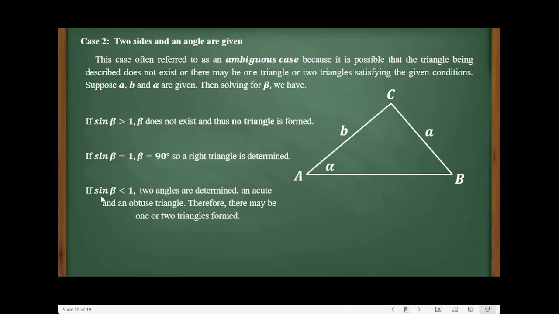Now, if sine beta is less than 1, two angles are determined, an acute and an obtuse angle. Therefore, there may be one or two triangles formed.